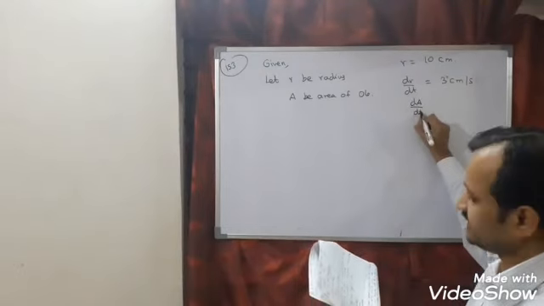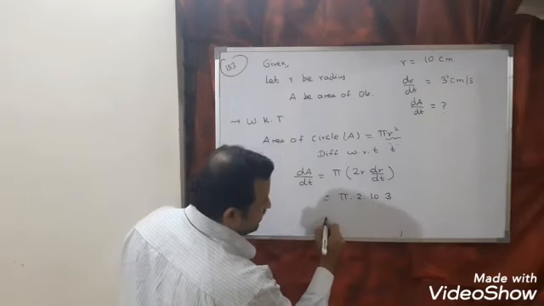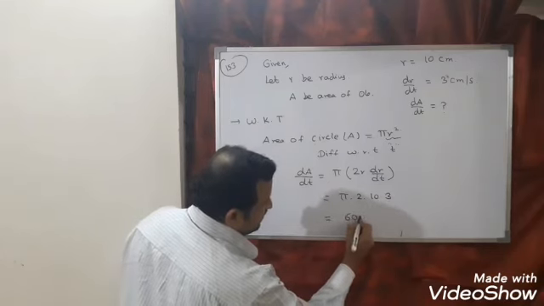So what you will get? dA by dt is equal to pi, which is constant, so it comes outside, times the differentiation of r square with respect to t, which is 2r dr by dt. Now put the values: r is 10 and dr by dt is 3. So the answer of this question is 60 pi centimeter square per second. But I think this is not given in the options. So the answer of this question is 60 pi centimeter square per second.